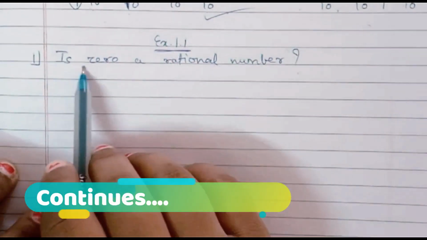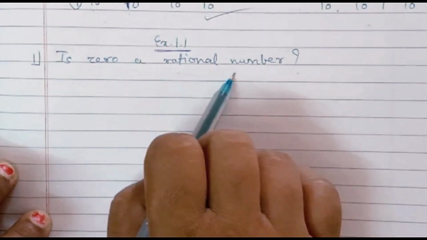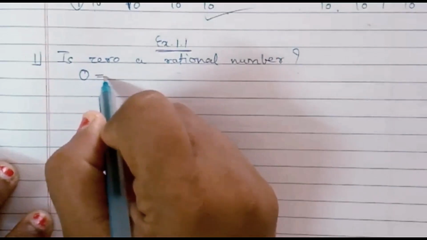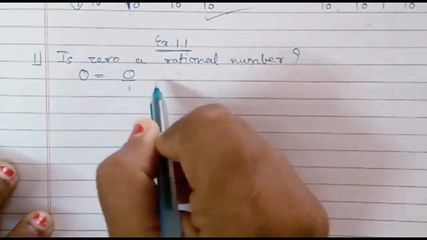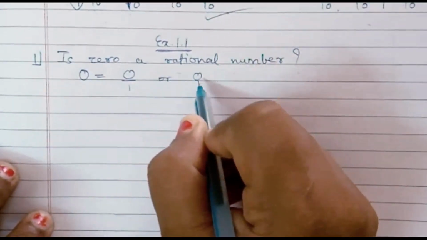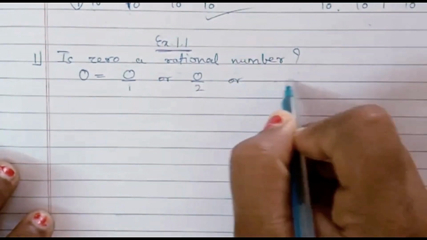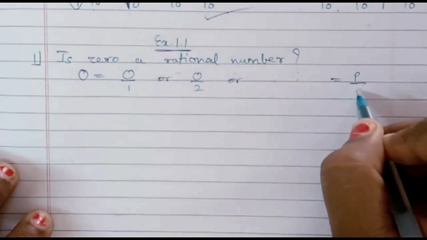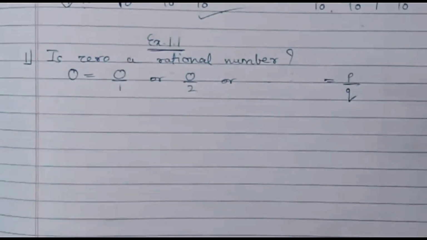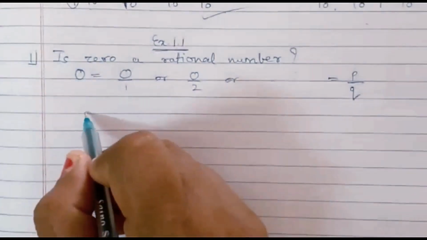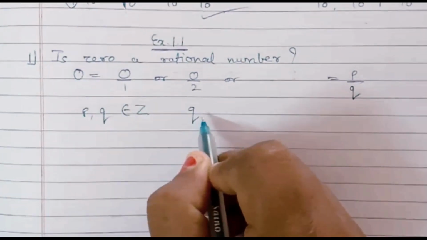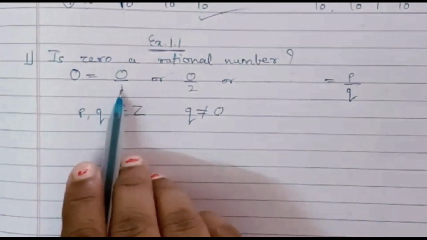The first question is, is 0 a rational number? So we all know 0 can be expressed as 0 upon 1, or it can be expressed as 0 upon 2 or any other number, right? So yes, 0 can be expressed in the form of P upon Q, where P and Q both are integers and the denominator Q is not equal to 0.